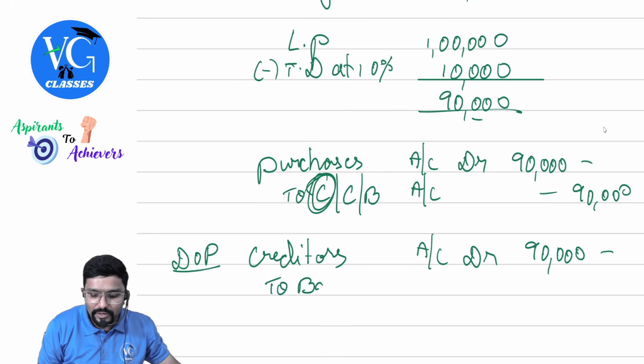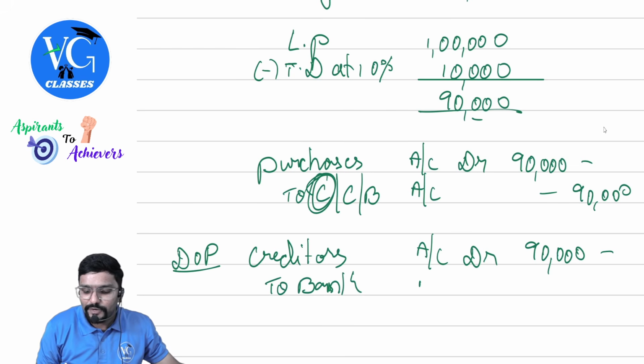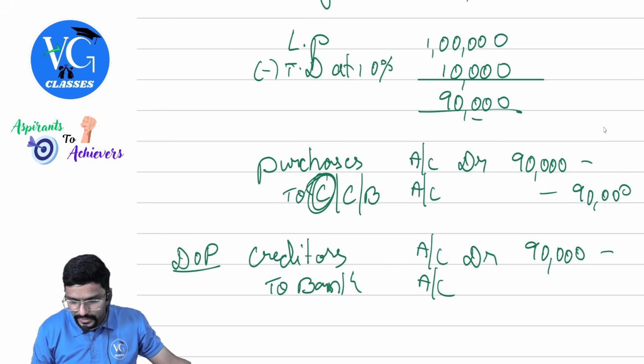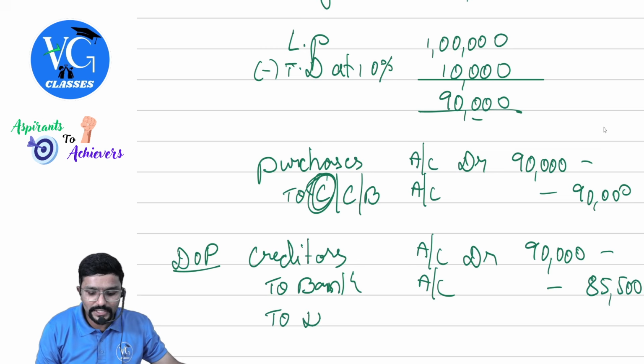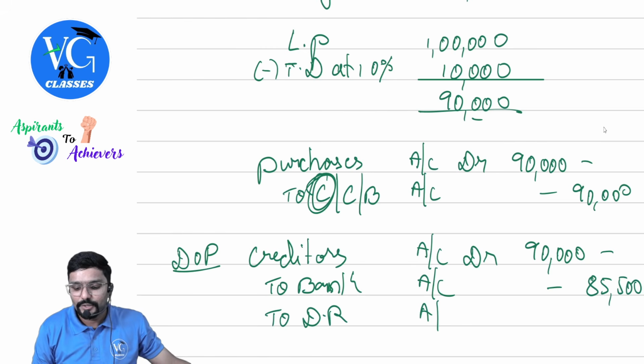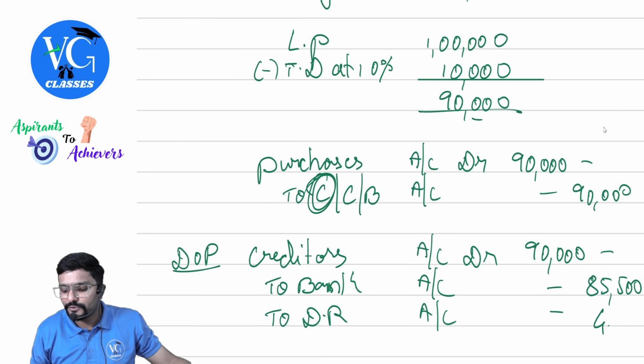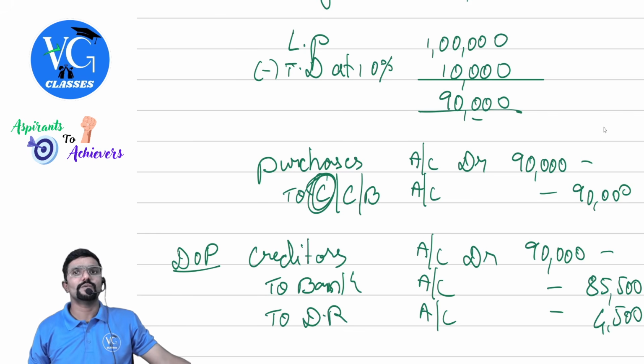Immediately, how much am I paying now? 5% less, so 85,500. To discount received, 4,500.